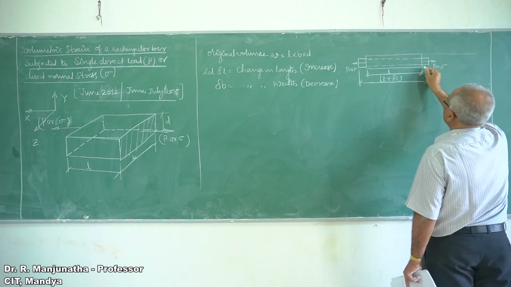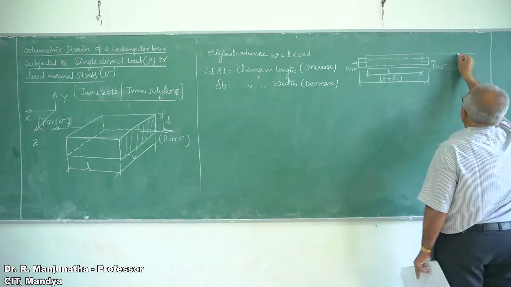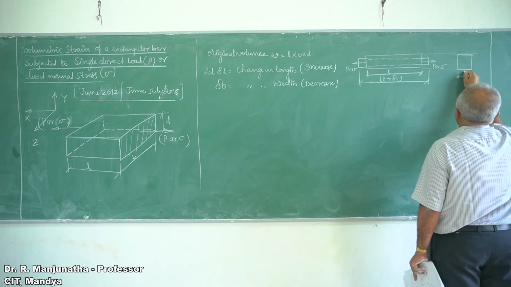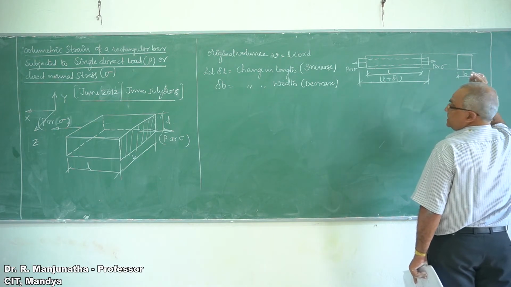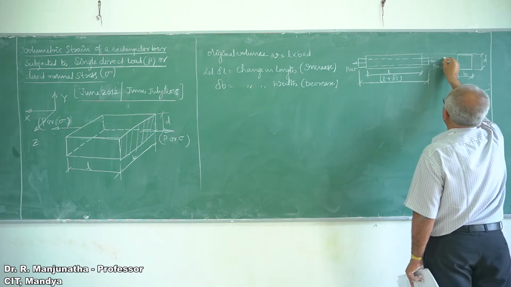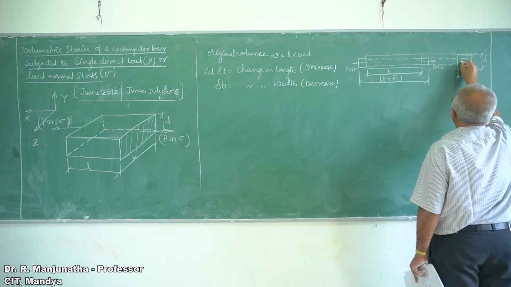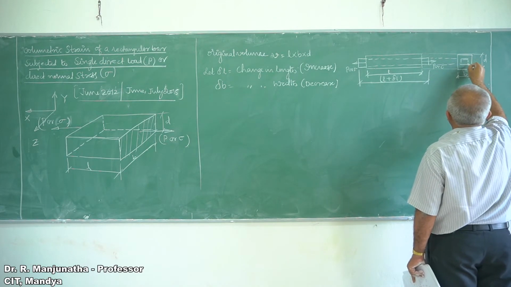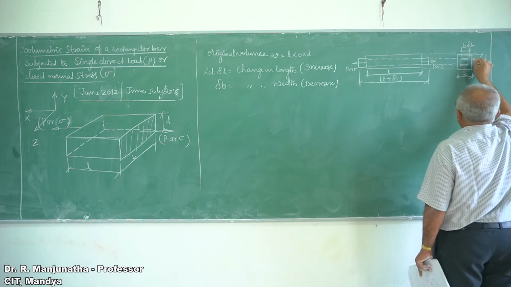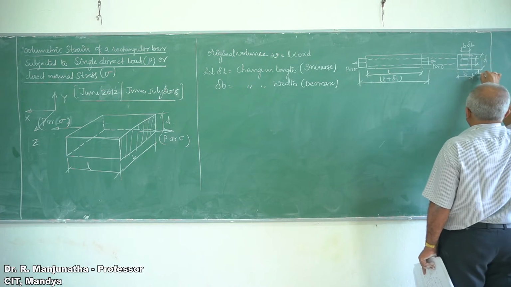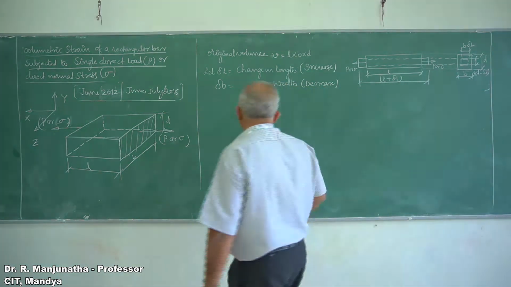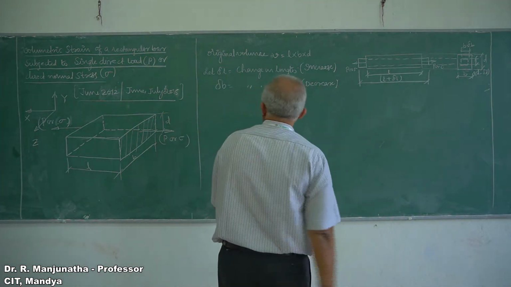So this is the original B and D. In this case it is D here, and this will be the reduction in the cross section, which is B minus delta B, and here D minus delta D. So this is what we are going to get. So delta width is decreased there.